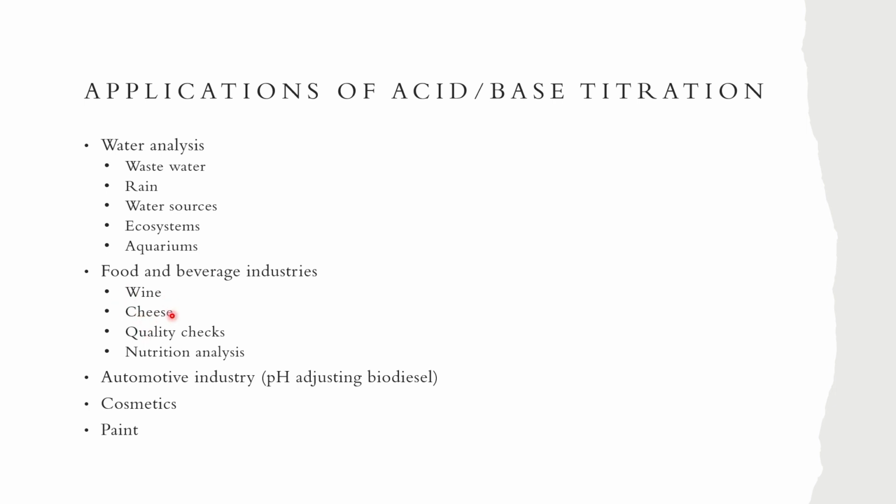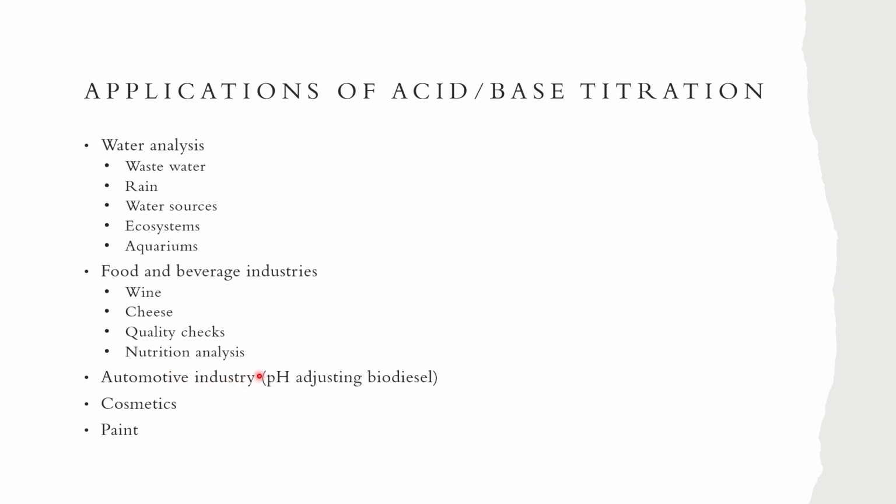In the cheese making industry, there are a bunch of steps where pH control is really important to ensure the production of a quality product. And then there are a variety of quality checks for most foods, really, to ensure that they are safe to consume and are of a suitable quality. Acid-base titration can also be used to measure certain nutrients and their content within foods and beverages as well.